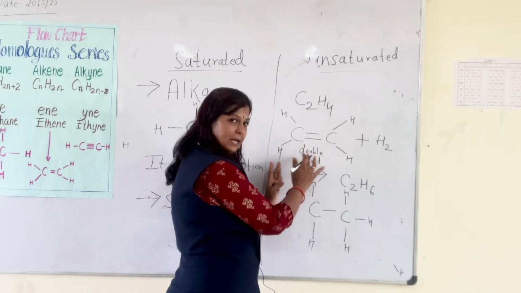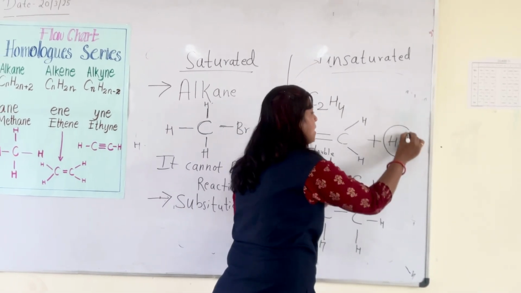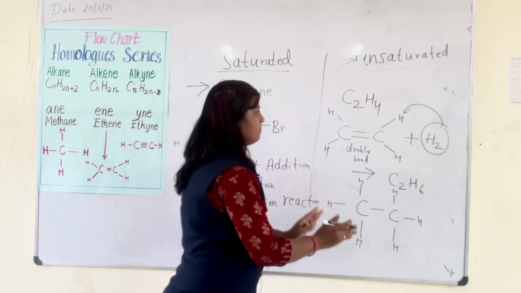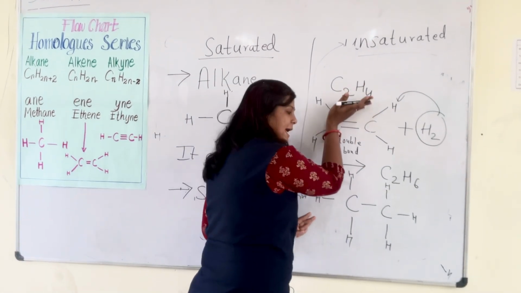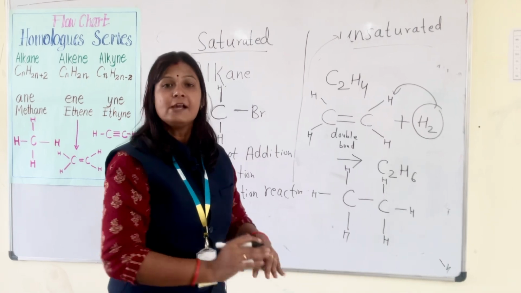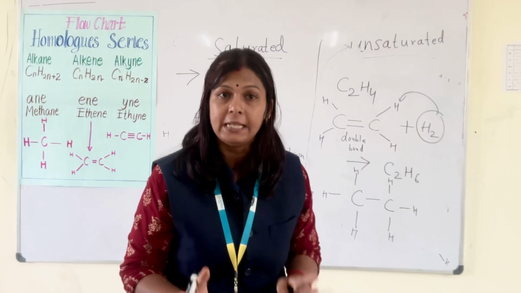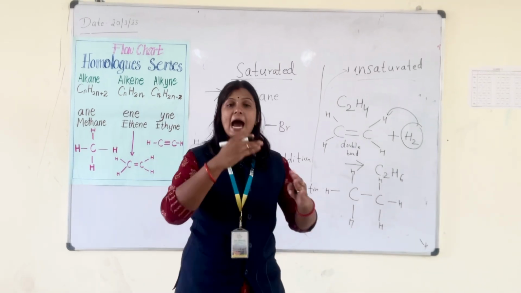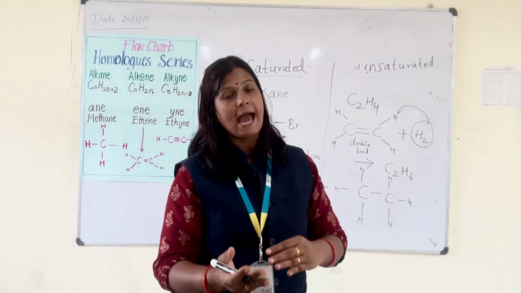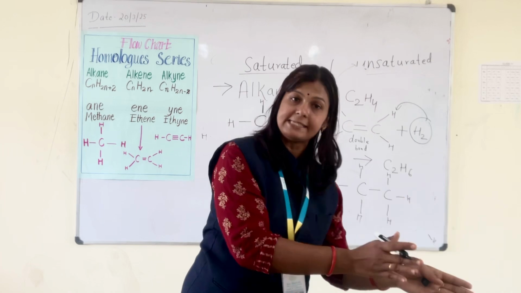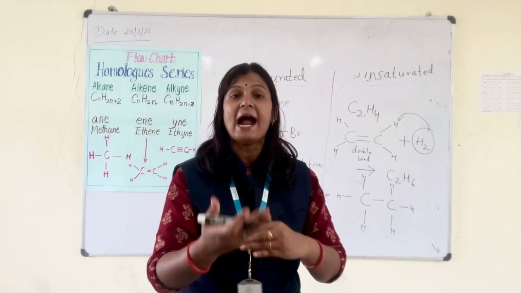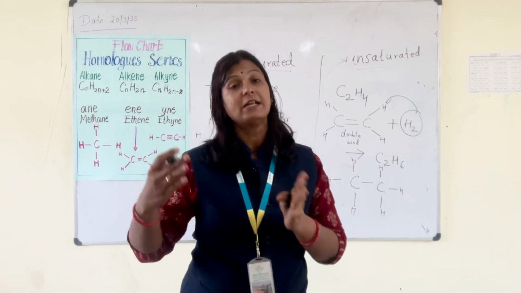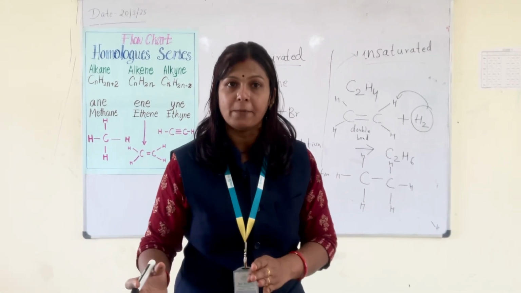In place of the double bond, I have added 2 hydrogen here and made it a single bond, means I made an unsaturated to saturated molecule which is a more stable molecule. So alkene and alkynes can be converted from unsaturated to saturated by addition of hydrogen in the presence of catalyst. That one will come across during the chemical property.